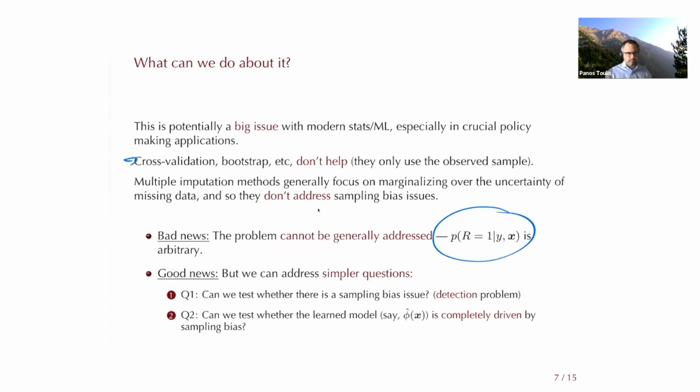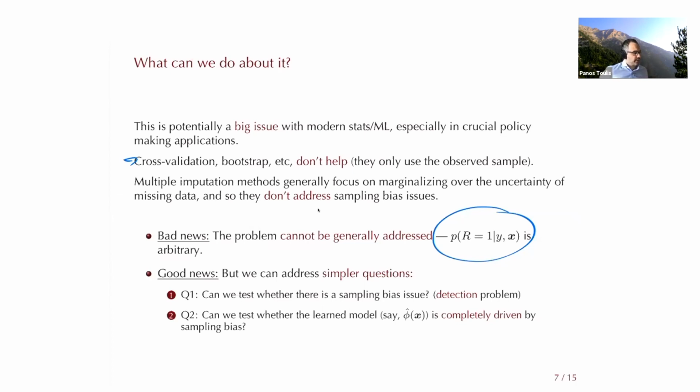What I prefer, what's closer to my tastes, is to try to solve simpler questions, right? If you cannot address this bigger question, what is a simpler question we can ask and address here? And I have identified two here. There may be more. So the first one is a detection problem. Can we really detect whether there's a sampling bias altogether? If I cannot debias things, can I even detect if we have a sample bias problem at all?